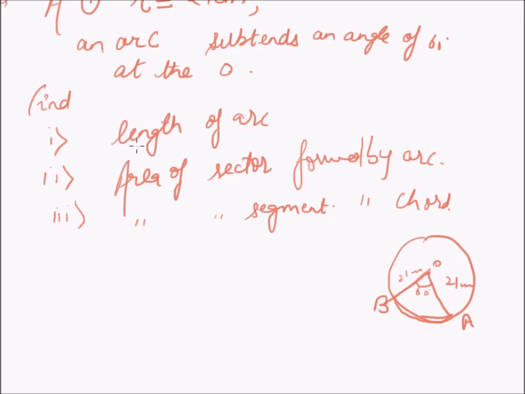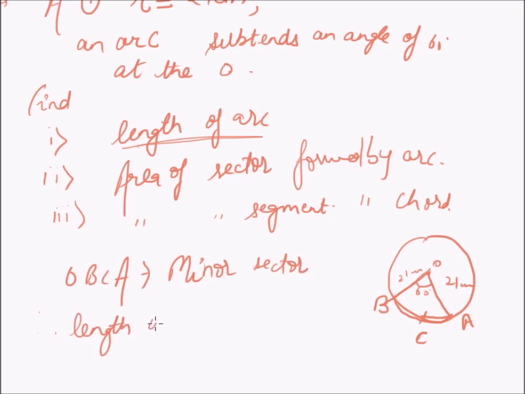Firstly, we have to find out the length of the arc. Now see clearly OB, and let this point be C. Clearly OBCA is the minor sector. So the length of the arc is nothing but the perimeter of this minor sector.